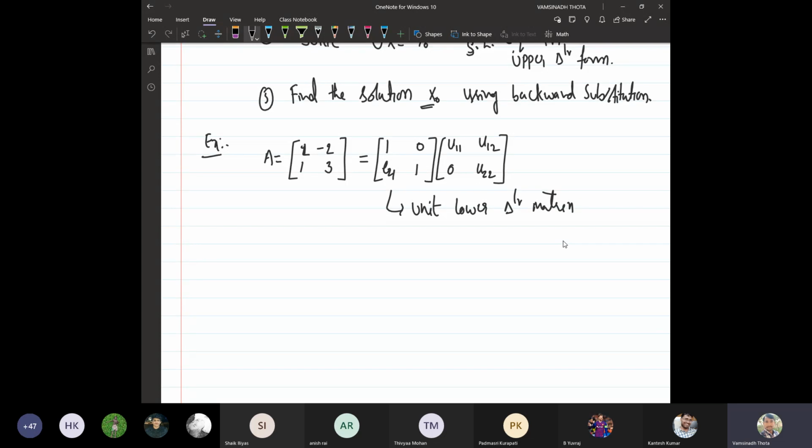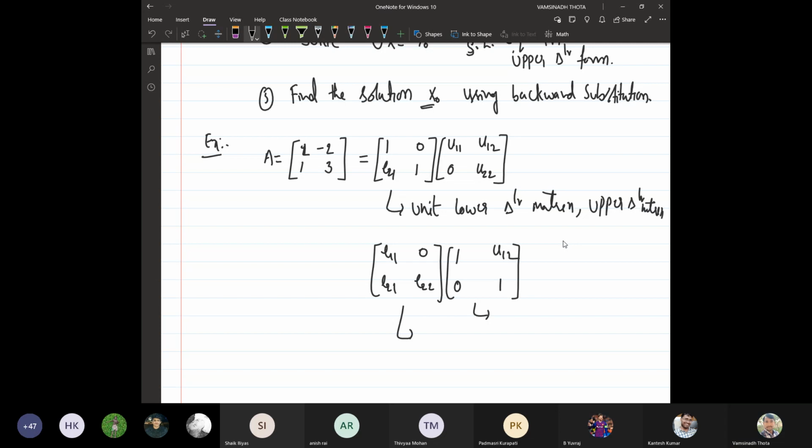So L is a unit lower triangular matrix, and U is simply an upper triangular matrix. You can also do it this way: [[L11, 0], [L21, L22]] times [[1, U12], [0, 1]]. This is a simple lower triangular matrix, but this is a unit upper triangular matrix.